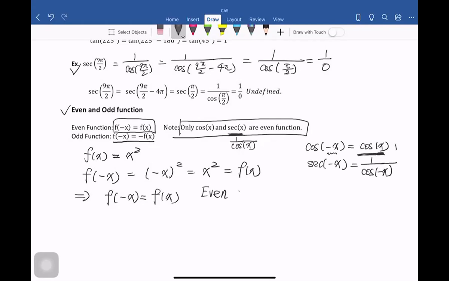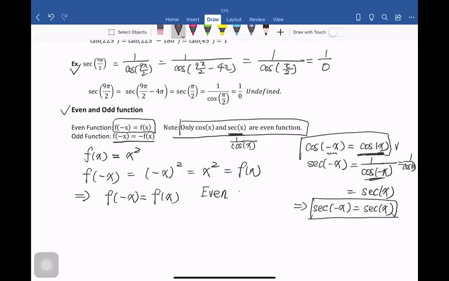We already learned that cosine is even, so this equals 1 over cosine x, which equals secant x. So cosine x and secant x are both even.